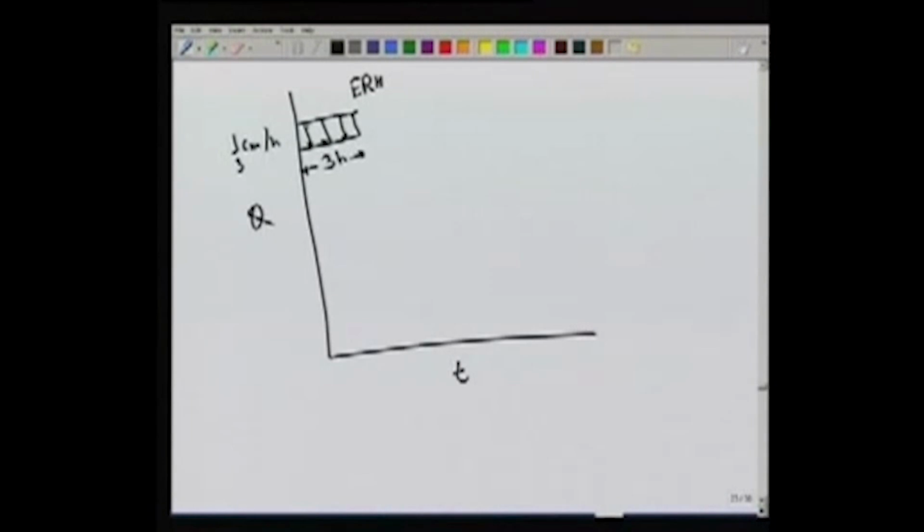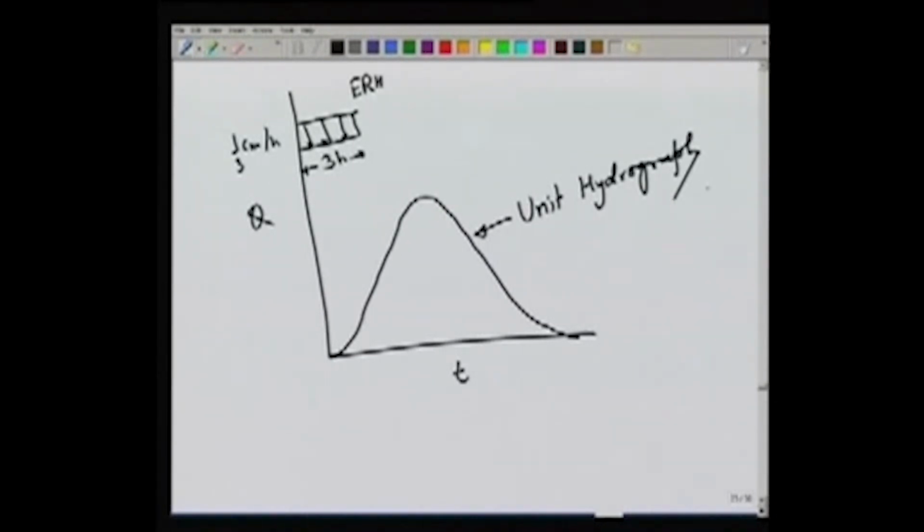Now because of this ERH, whatever DRH we get would be called a unit hydrograph, and since duration is very important, 3 hours, we call it a 3-hour unit hydrograph.